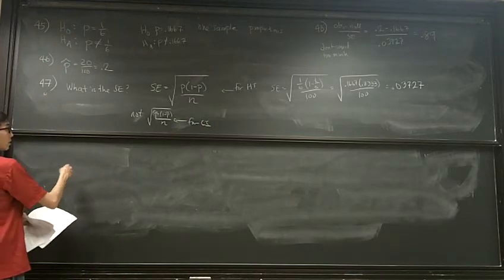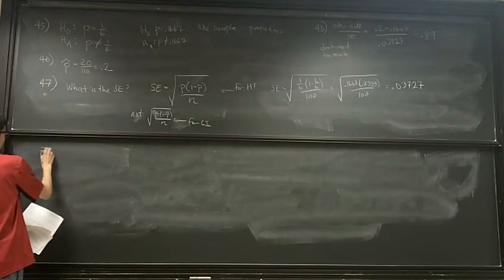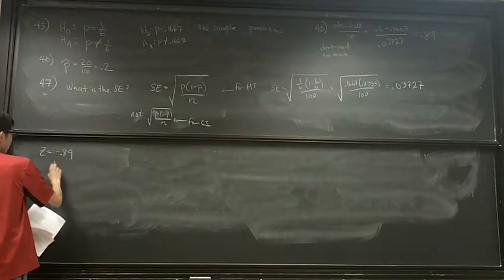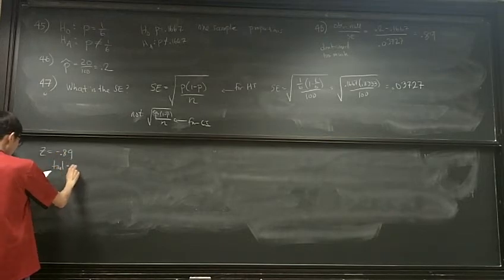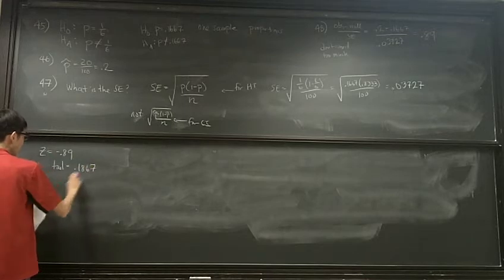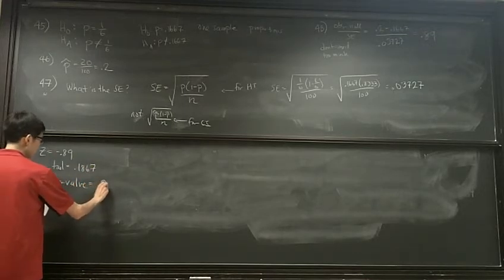If I look up z equals negative 0.89, then the tail area is equal to 0.1867, and so my p-value is double that, which gives me 0.3734.